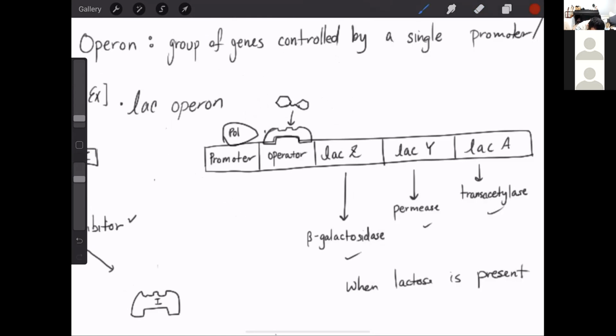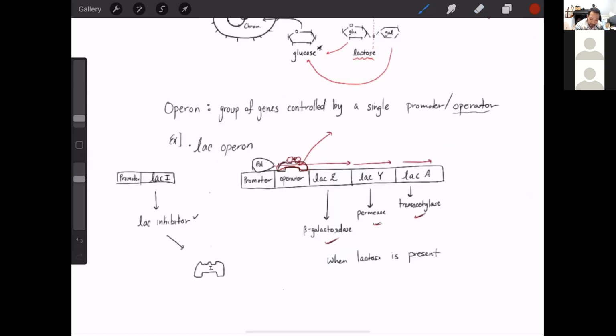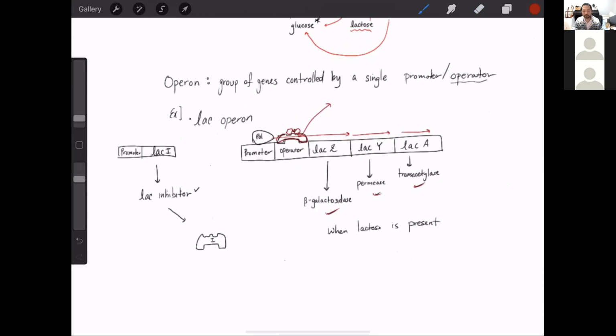This site will actually bind to lactose, just like this. And when lactose binds to that inhibitor, it changes the conformational shape of the inhibitor and it falls off. So when lactose is inside the cell, the lactose binds to the inhibitor, has it fall off the operator, and therefore the polymerase can now go past all of these genes and produce these enzymes that are needed to break down lactose. Does that make sense to you guys?